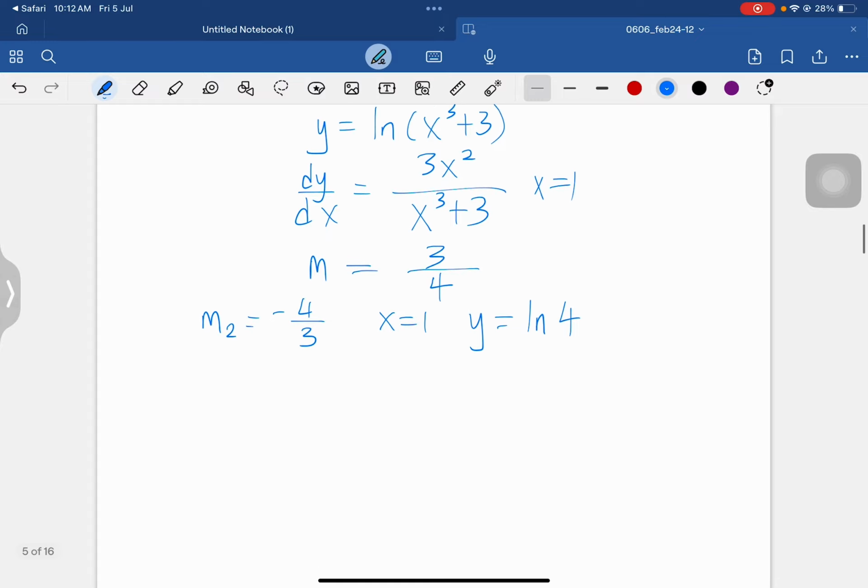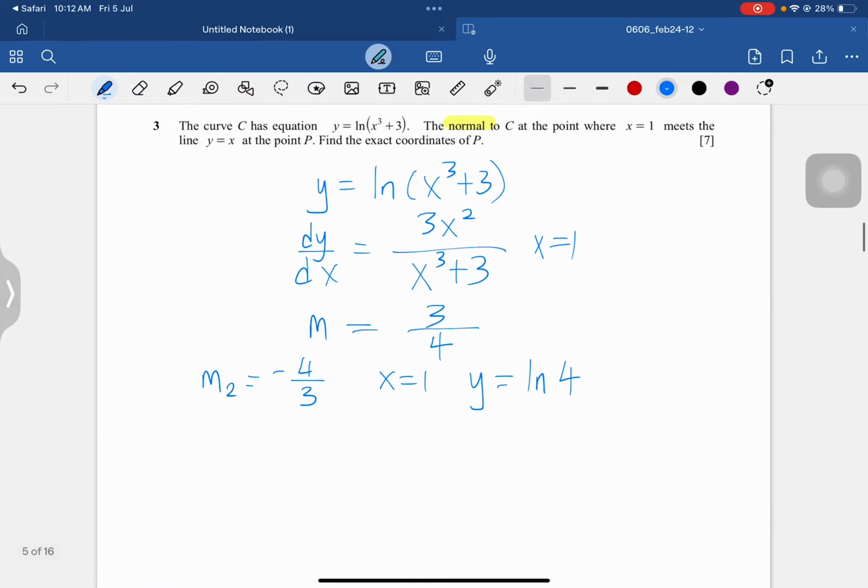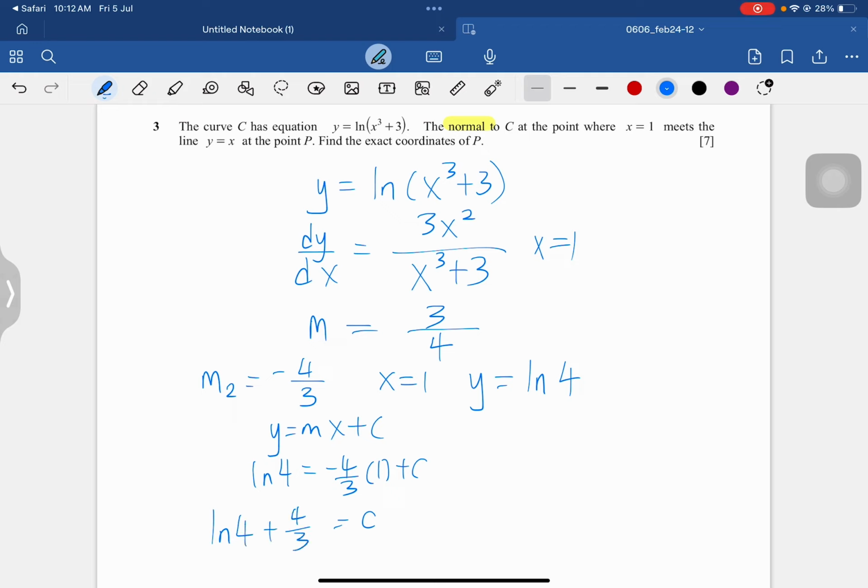Now we form the equation of the normal first. y equals mx plus c. ln 4 equals minus 4 over 3 times 1 plus c. Your c is going to be ln 4 plus 4 over 3.